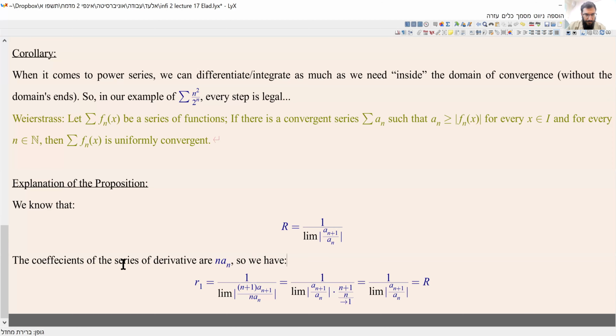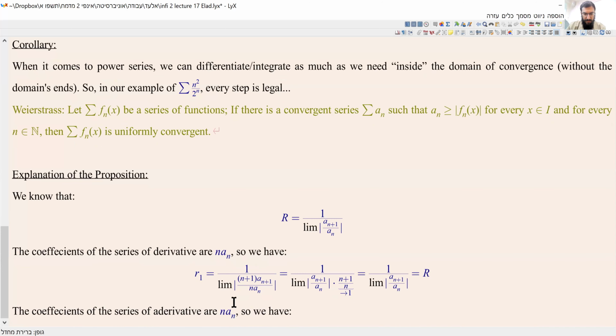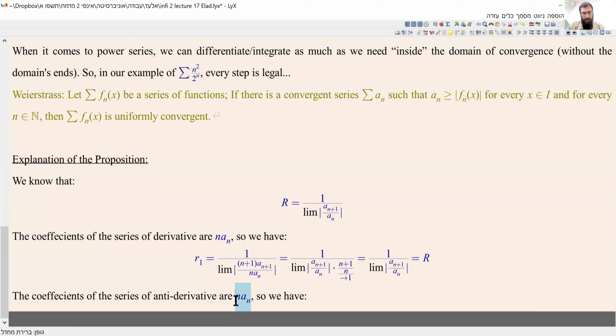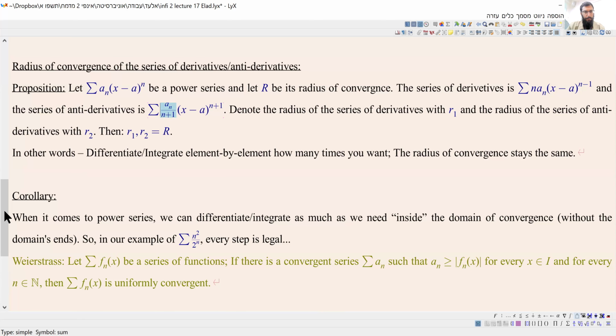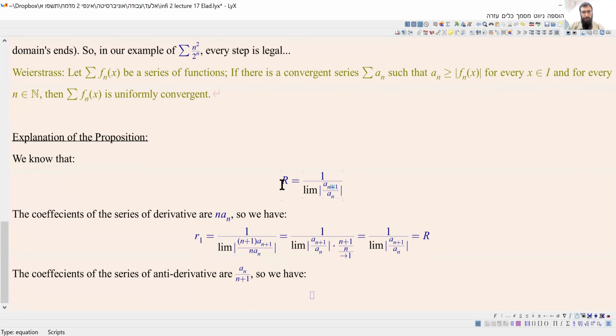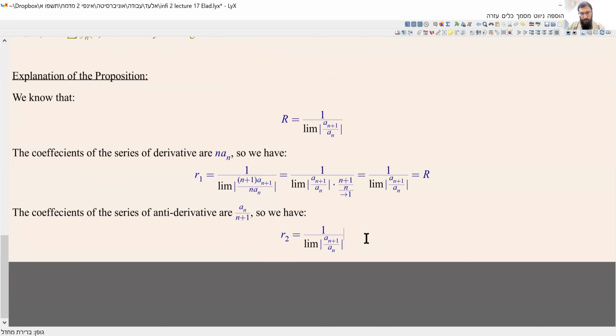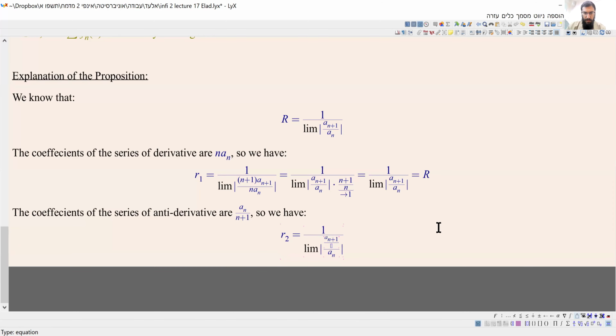The coefficients of the series of antiderivatives are a_n over n+1. After we integrate, we get a_n above n+1. So if we want to calculate what we called R2, we take a_(n+1) above n+2, and a_n above n+1.